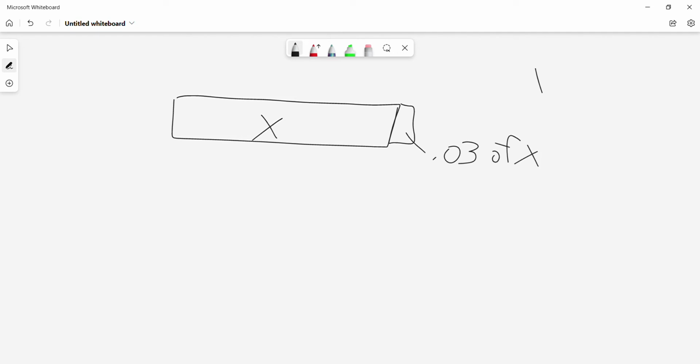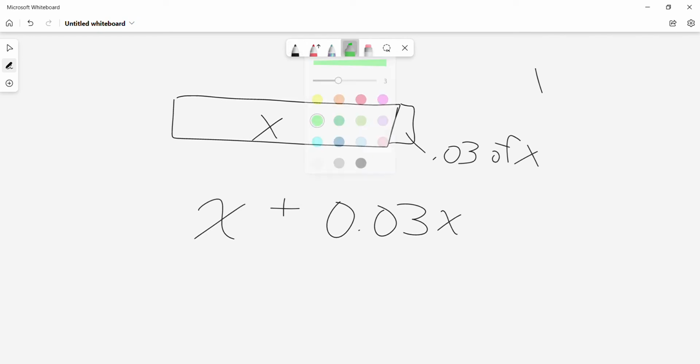So what's the total that he paid? Well, the bar model certainly helps, but if we just want to use algebra, we know that we have X. We add the sales tax, which is a multiple of X, 0.03 times X. Looking at this, remember from our previous lesson, we can combine like terms.